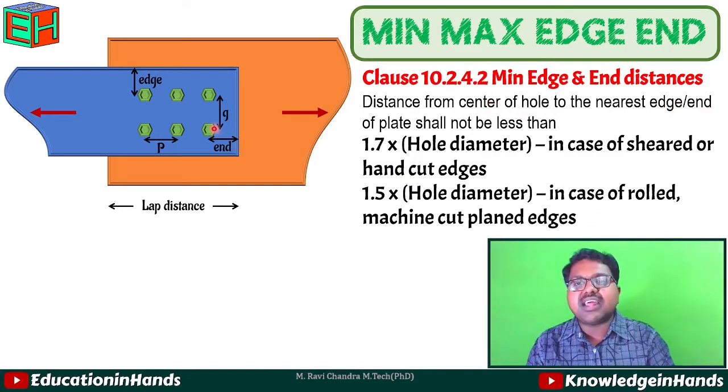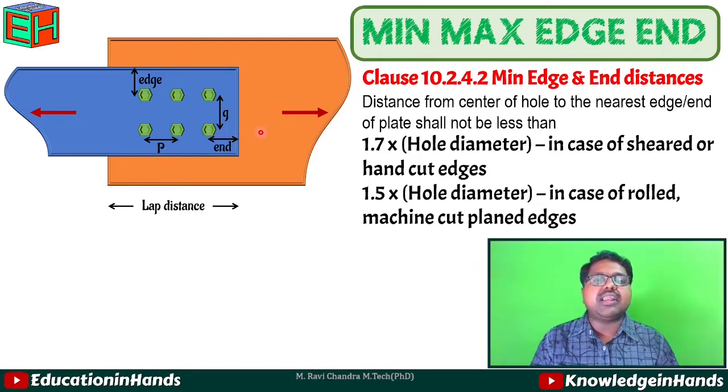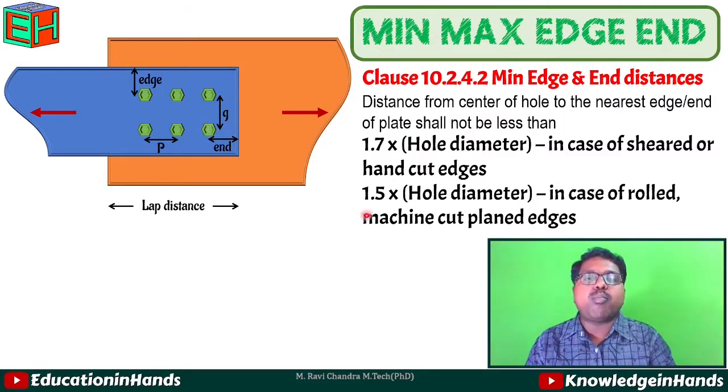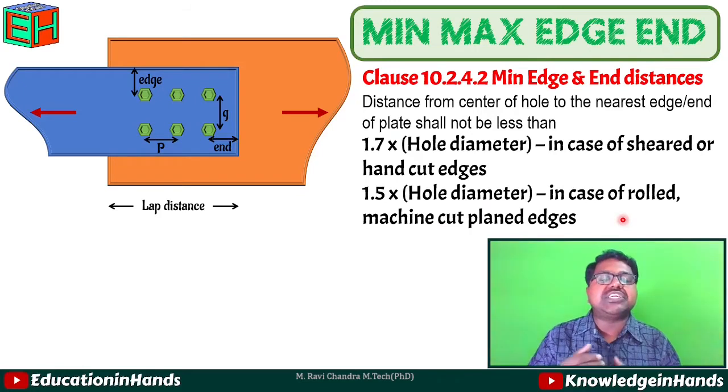If I consider the center of the hole to this edge or end of the plate, then this distance shall not be less than 1.7 times the hole diameter in case of sheared or hand cut edges, whereas it should not be less than 1.5 times the hole diameter in case of rolled, machined or planed edges.